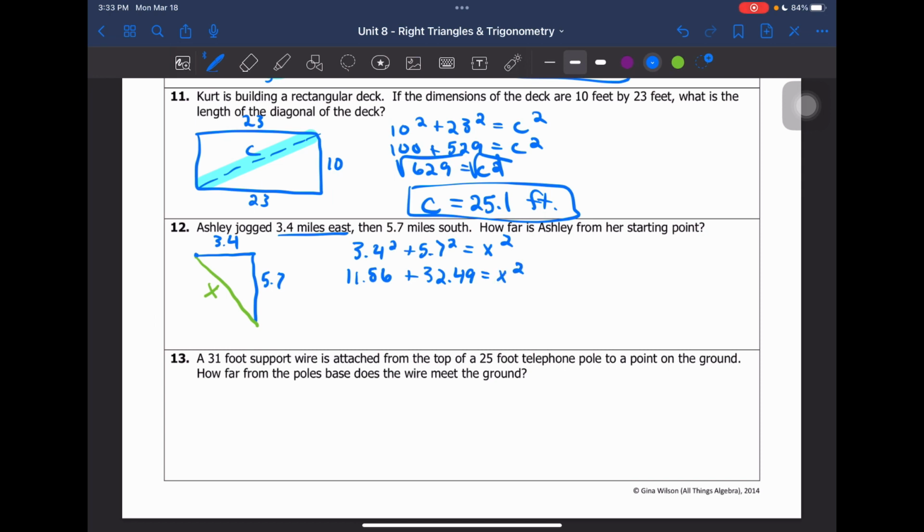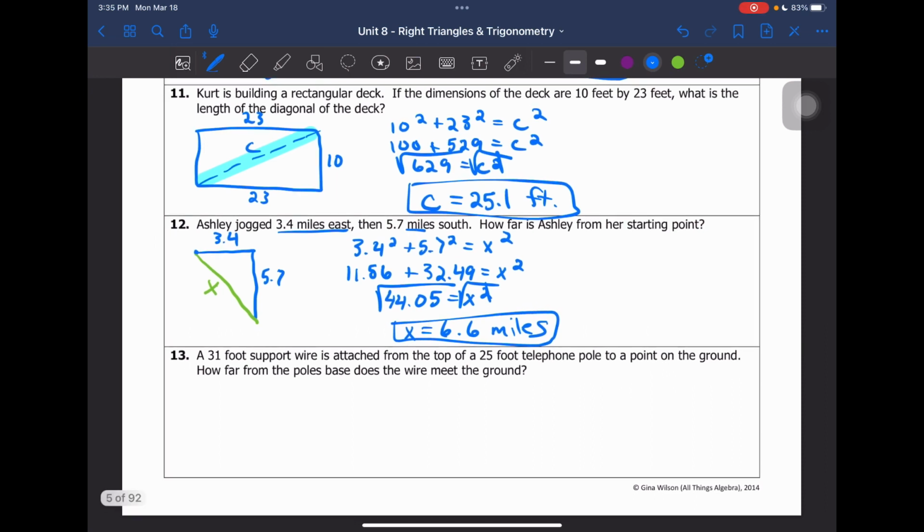Let's add these two together, so that's going to give us 44.05. And then let's go ahead and find the square root, because that's going to be our x. So 6.6 is what we get there. And this time our unit is miles. So I'm going to write miles in our answer.